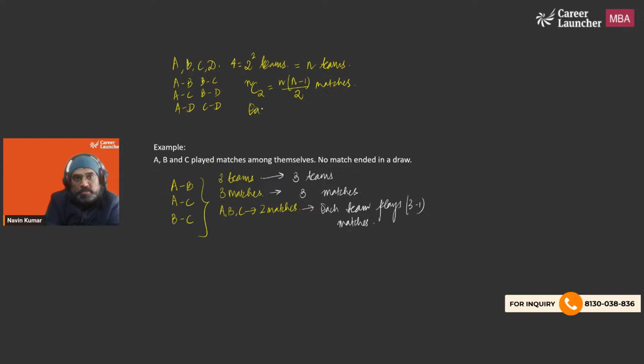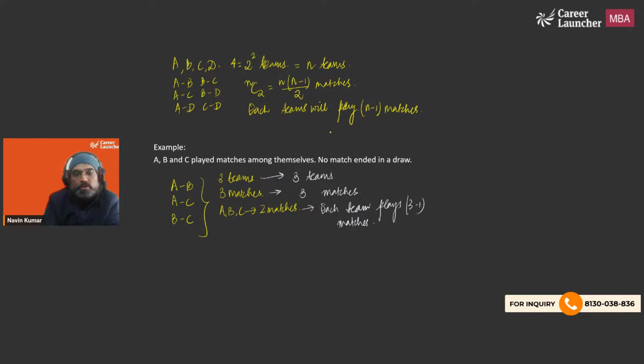And also each player will play, since there are 4 teams, each team will play against the remaining teams. So that's going to be a total of n minus 1 matches.